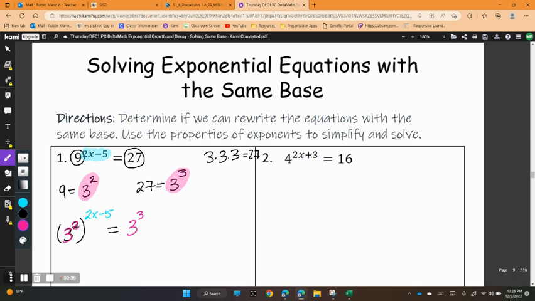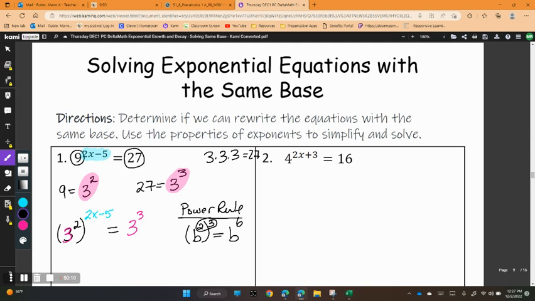Now I need to use the power rule of exponents, which tells me that if I have any base raised to some exponent, and I have another exponent outside, all I need to do is multiply these two.